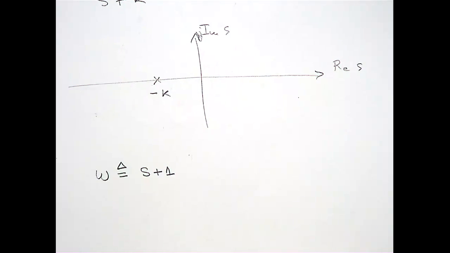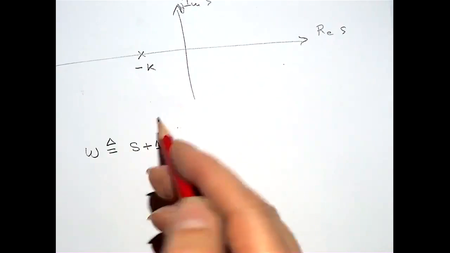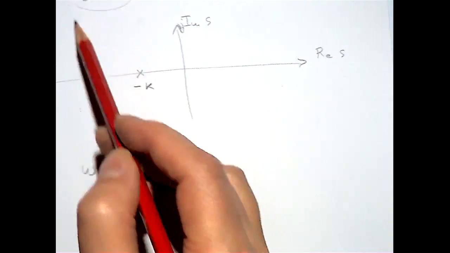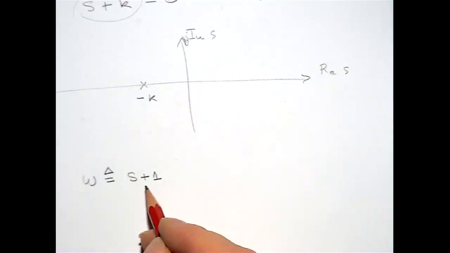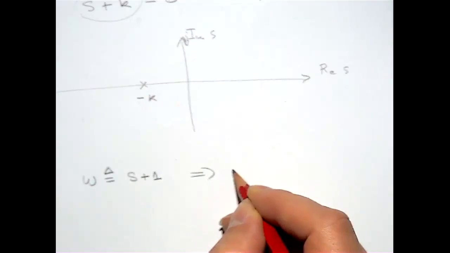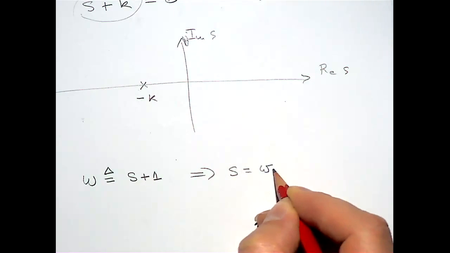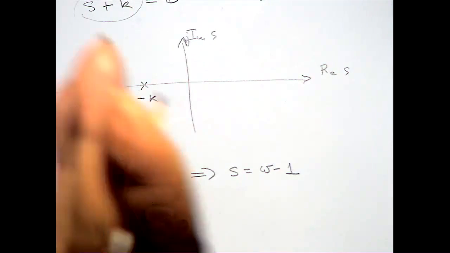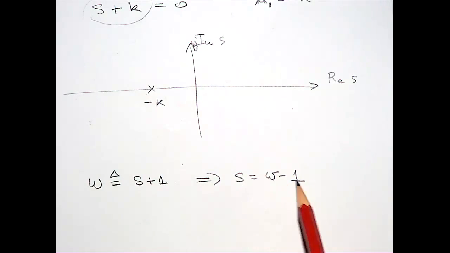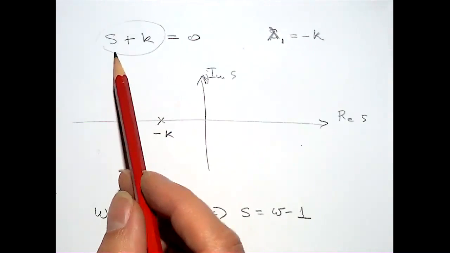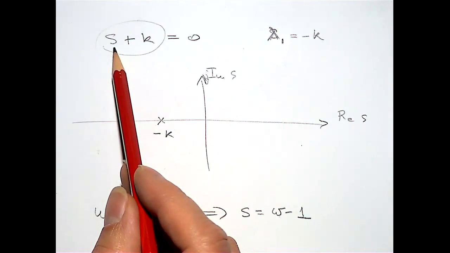Why? Because if I rewrite everything, I now have my polynomial, which is trivial, s plus k. But what is s from here? Well, s is w minus 1 by definition. This is just what I defined. And then since s is w minus 1, I can replace s in this equation and rewrite everything in terms of w.